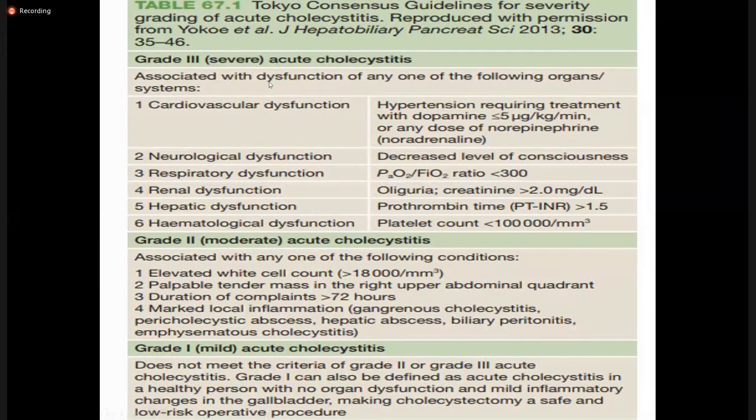Now, the associated dysfunction of any one of the following organs is in severe cholecystitis.